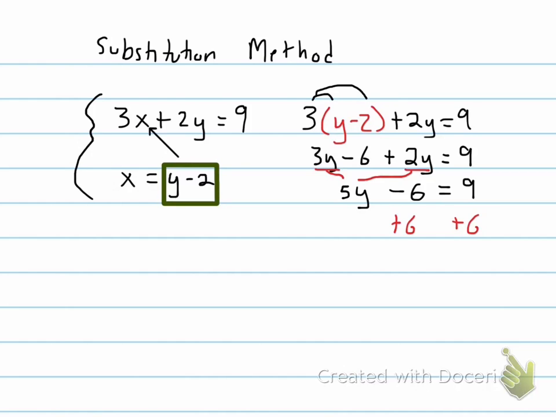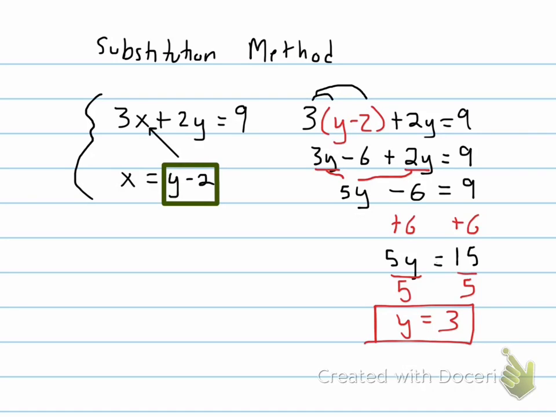We know how to do this part now. So 5y equals 15. And now I divide by 5, and y equals 3. So y equals 3. Now you have to find x.